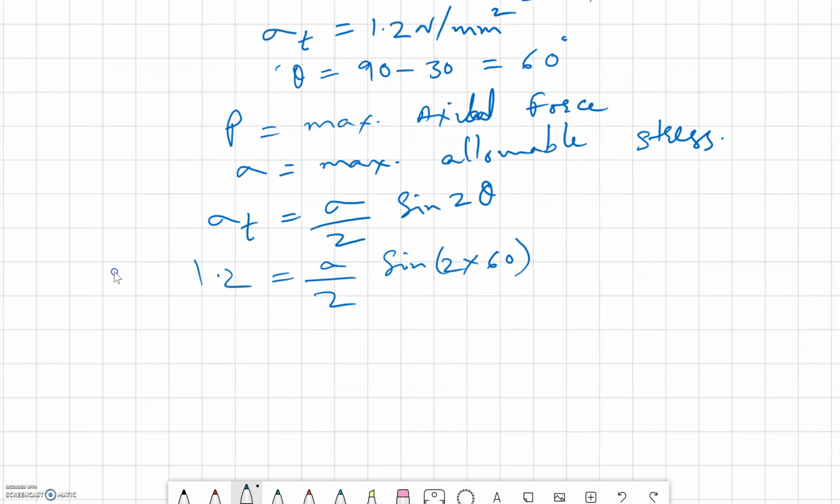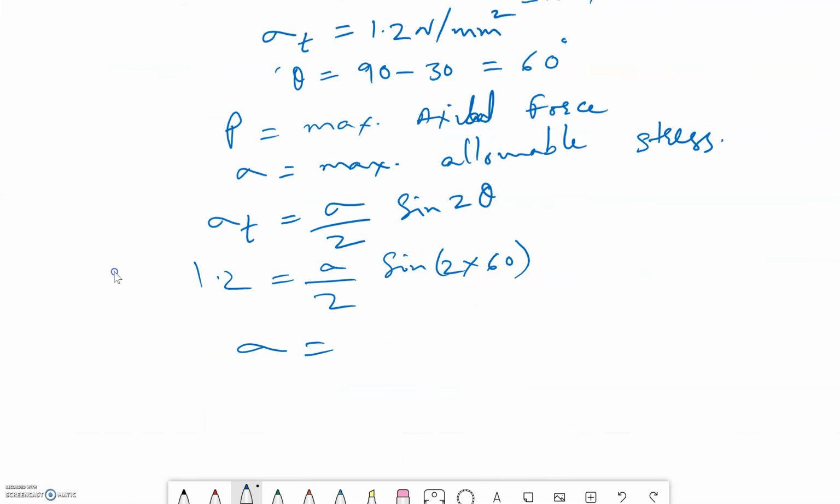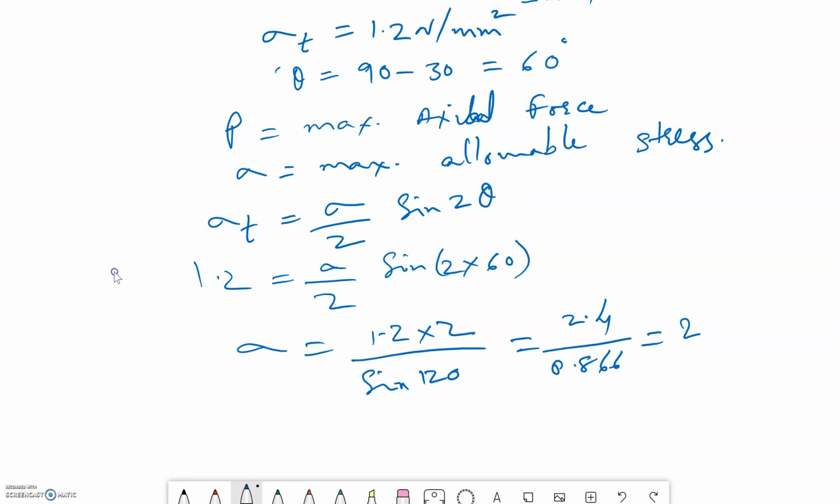Solving for this, you get sigma is equal to 1.2 times 2 by sine 120, which is 2.4 by 0.866. You get 2.771 Newton per mm square. So this is your sigma.